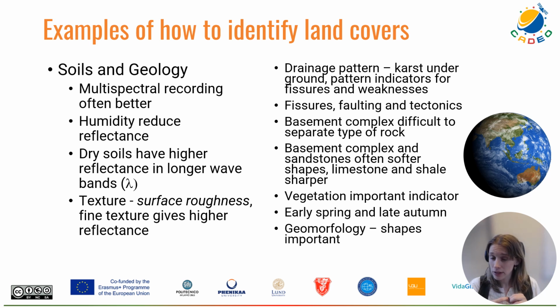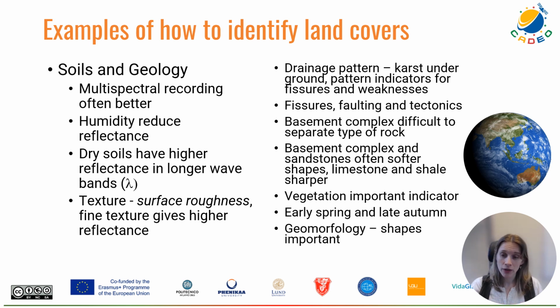It can be difficult to separate the types of rocks. But for example, sandstones are often softer shapes, and limestone and shale are often sharper shapes. So you can sort of use this information to infer what it could or could not be.